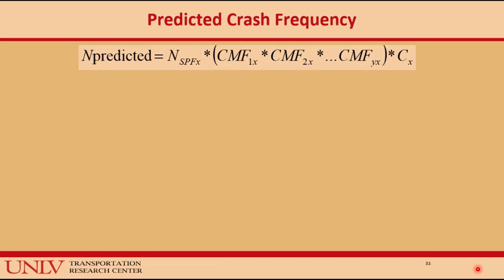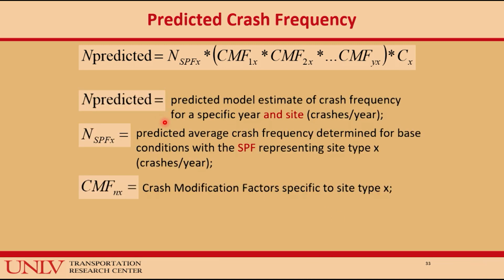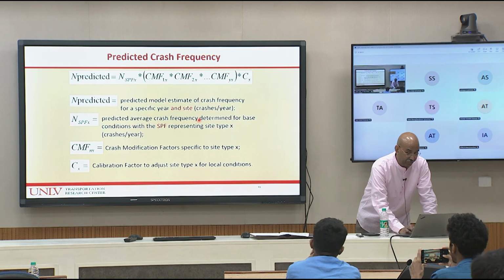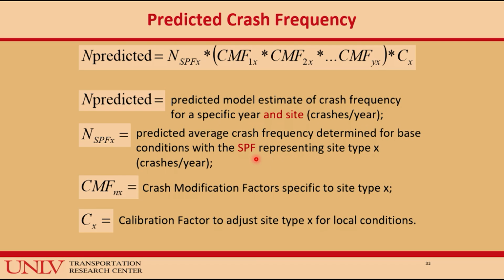So the method is, on the left hand side of the equation we are predicting the number of crashes for a particular year and a site, based upon the predicted average crash frequency for the base with the SPF for the particular type of improvement.